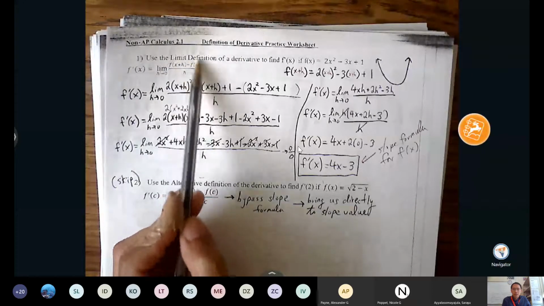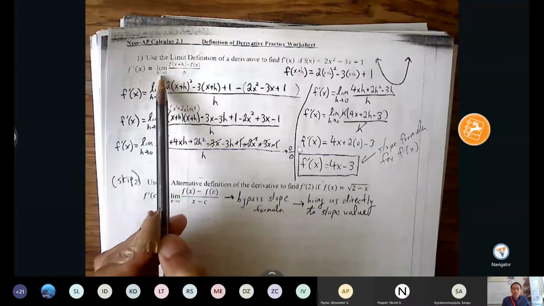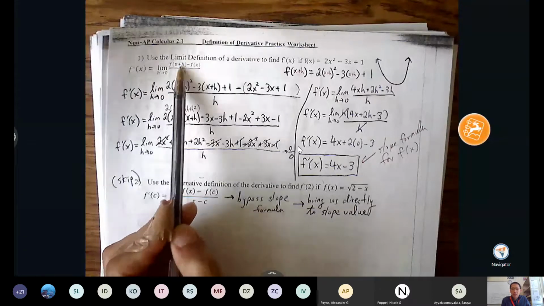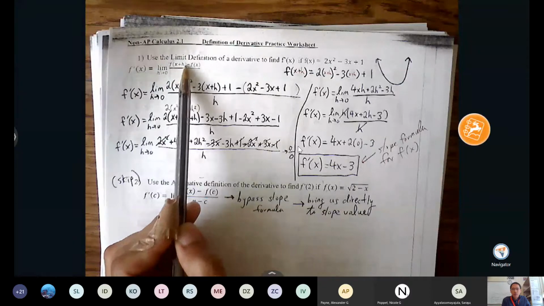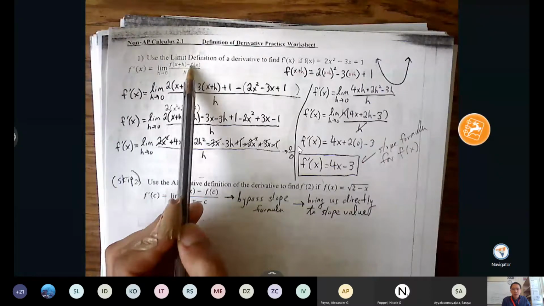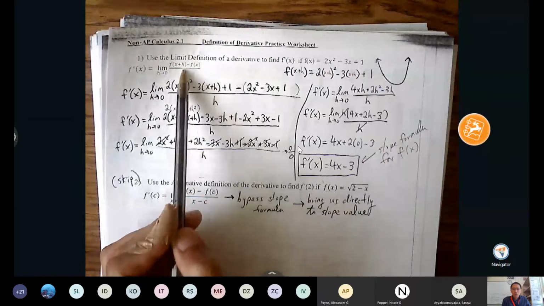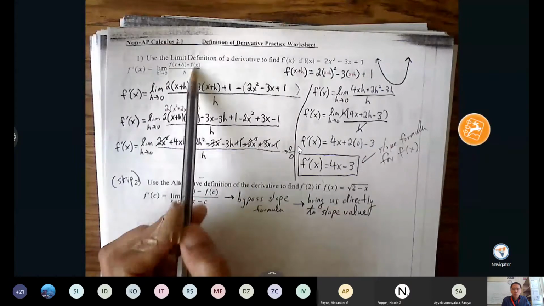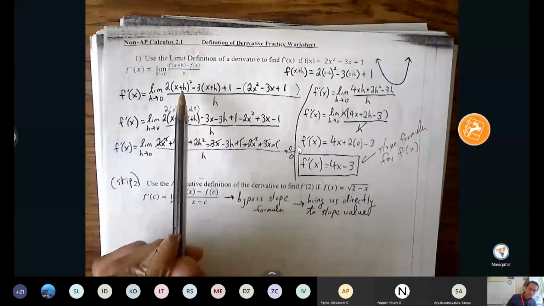But along that process, we're also allowing for that second point to move. We're decreasing that distance for h, and what's going to happen is that second point is going to kind of fall into that first point. And when it does, through that limit process, then we're able to achieve slope using just 1 point, because that second point has disappeared into that first point.